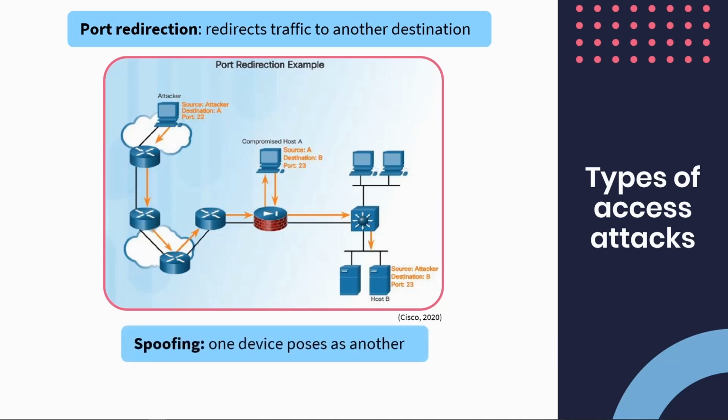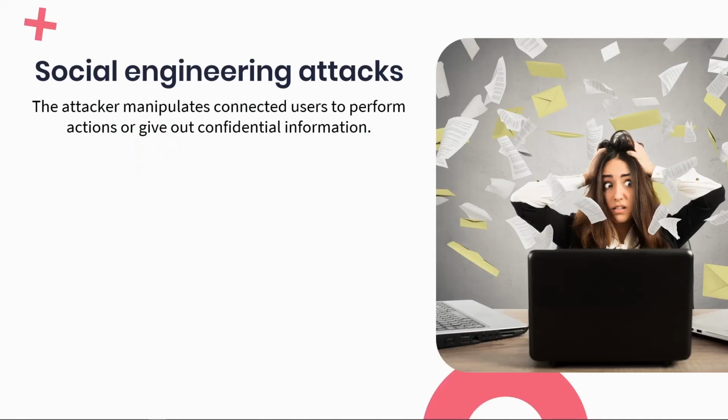Spoofing. This could be IP, MAC, or DHCP spoofing, where one device attempts to pose as another by falsifying data in the network. Social engineering attacks were mentioned earlier. This is where the attacker manipulates connected users to perform actions or give out confidential information. In most cases, the information needed to access a network.